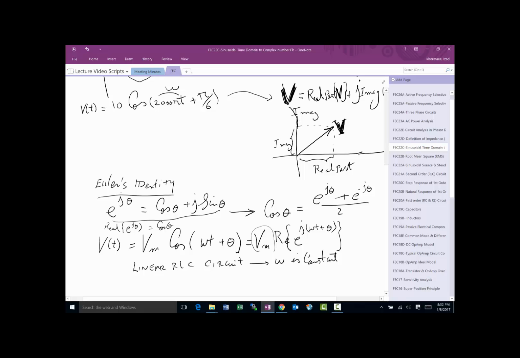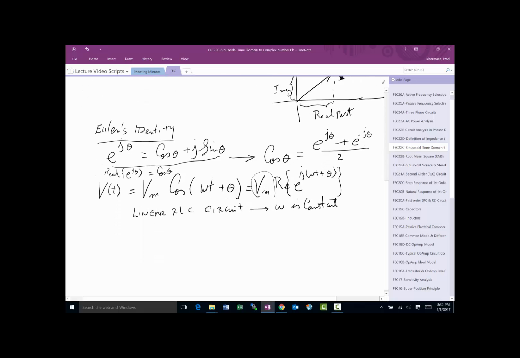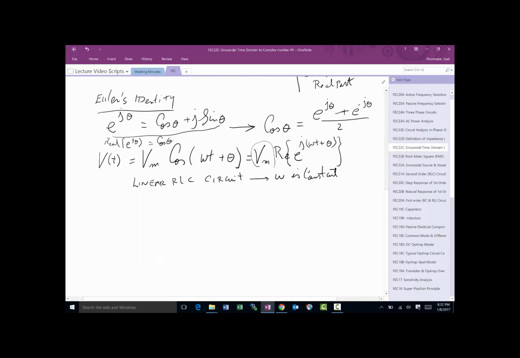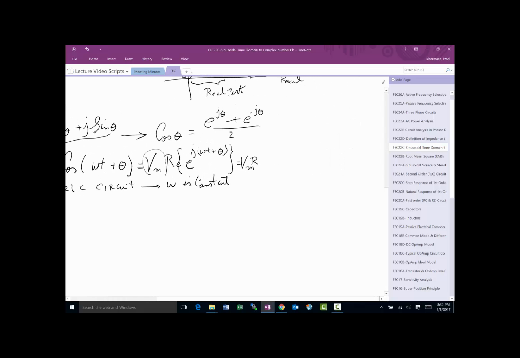Whatever your source omega is, it is going to be the same throughout your circuit. So you can rewrite this as Vm, real part of e to the j theta times e to the j omega t. This omega t term is one value, so there's no point in carrying it and complicating our Phasor domain. We're going to really only focus on the other portion, which is Vm e to the j theta.